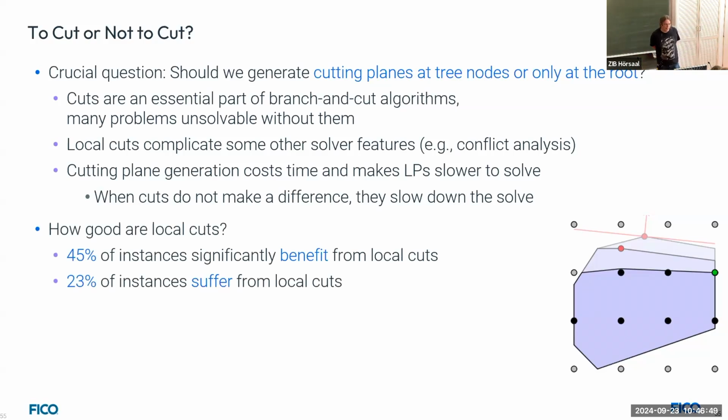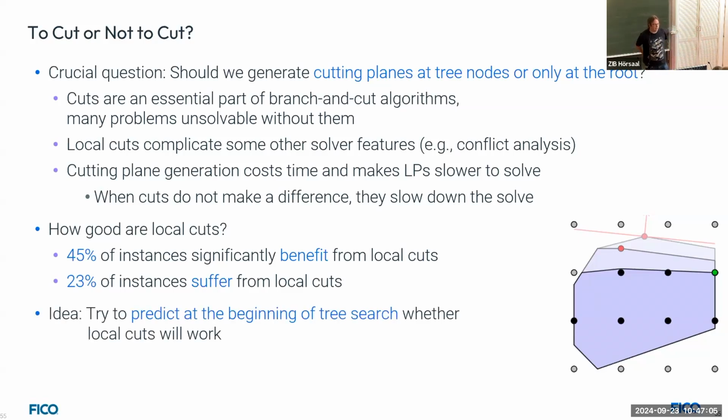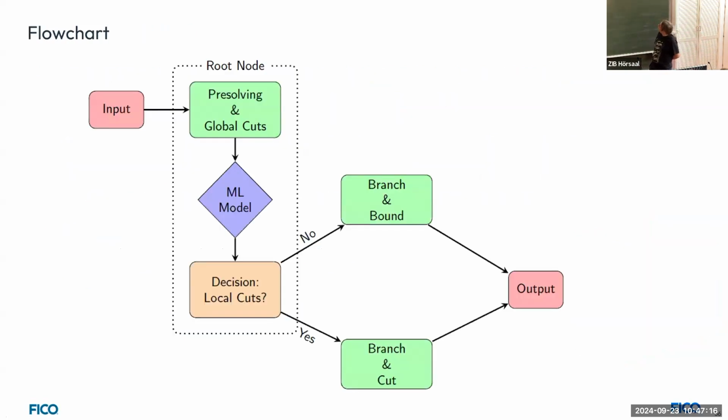So we observed in a preliminary study that about half of the problems significantly benefit from using local cuts. A quarter of them really suffers from using local cuts, and another quarter doesn't care at all. So the idea of this project was to predict at the beginning of the tree search whether local cuts will work for the problem at hand or not.